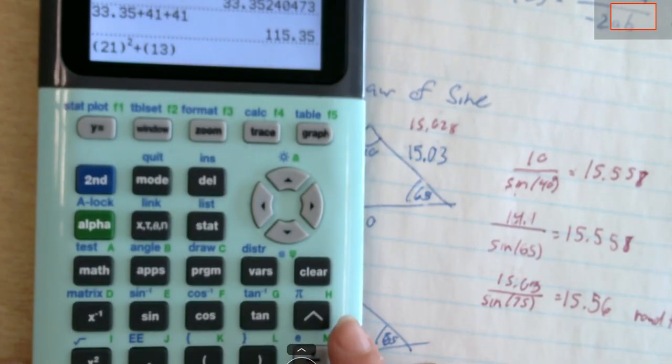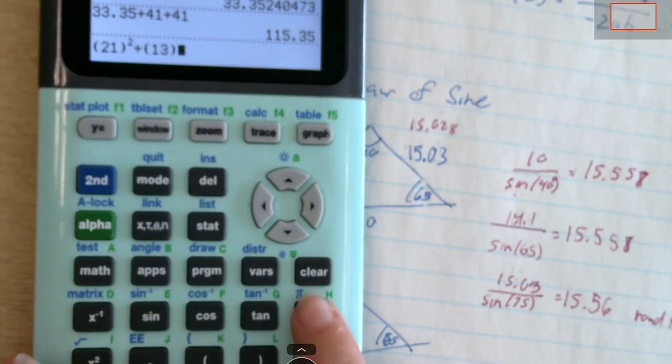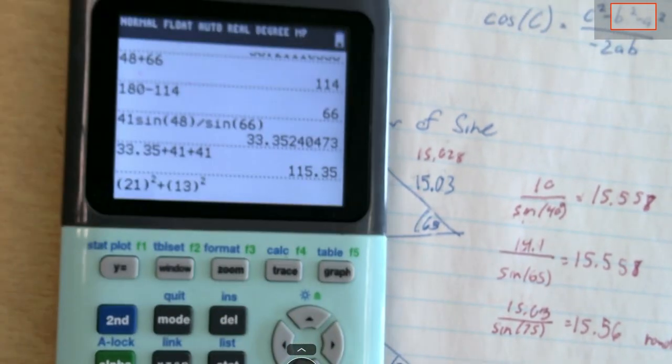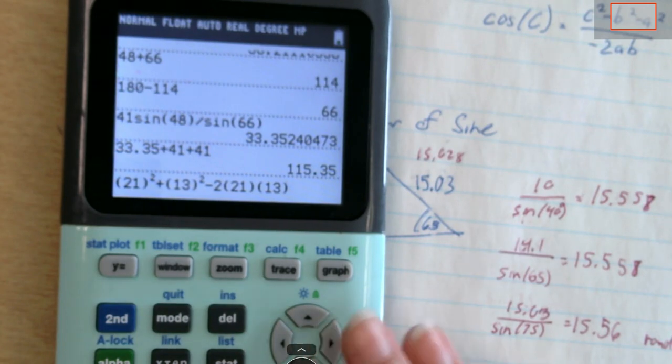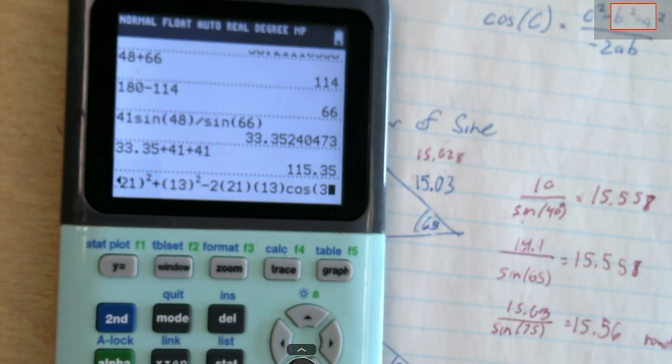If you don't know how to get squared, it's this little caret button. Should be somewhere on the right hand side of your calculator. Minus 2a, which is 21, 13, and then cosine of 83.